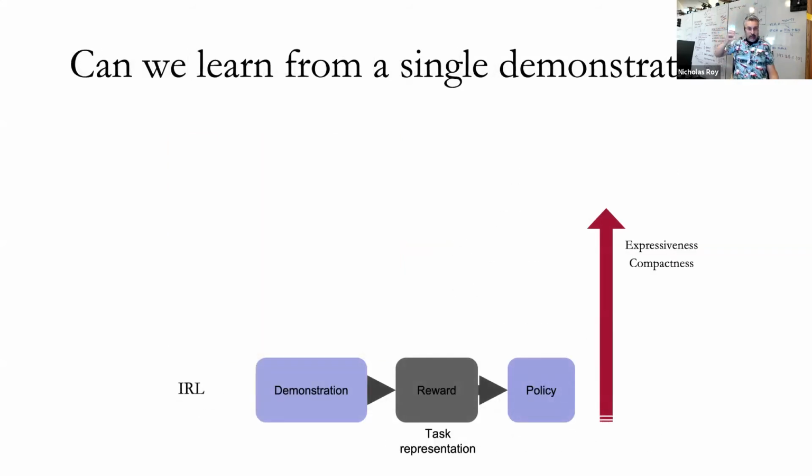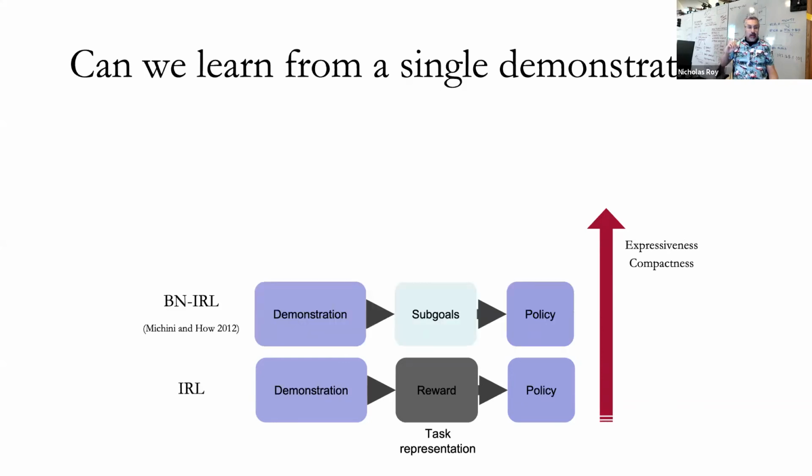A lot of learning from demonstration actually gets recast as inverse reinforcement learning, where the task is represented as a reward. This is not the only way you can do learning from demonstration, but this is one way. And it works reasonably well, but it can be very data inefficient.